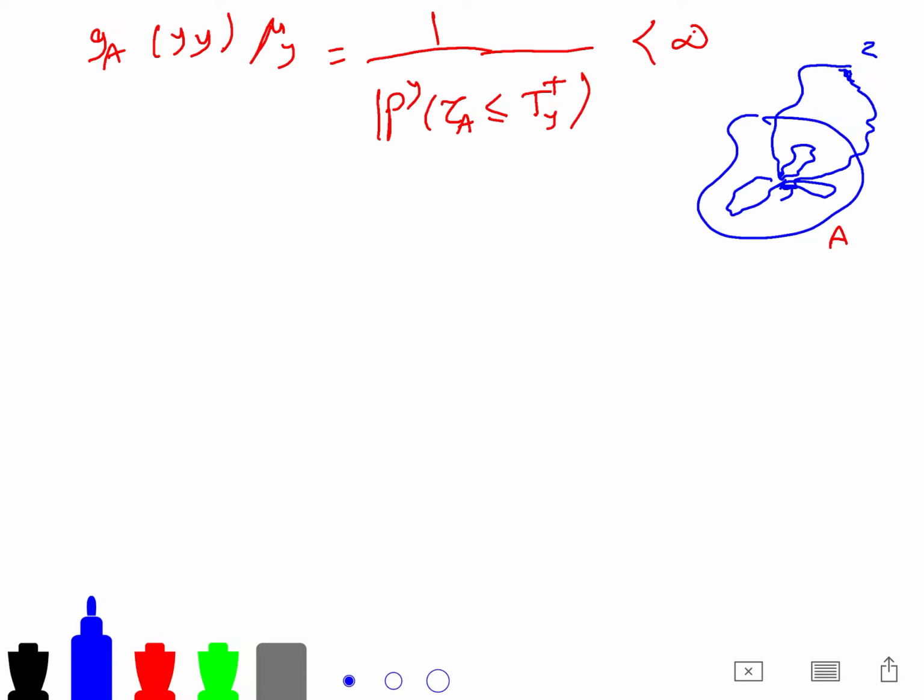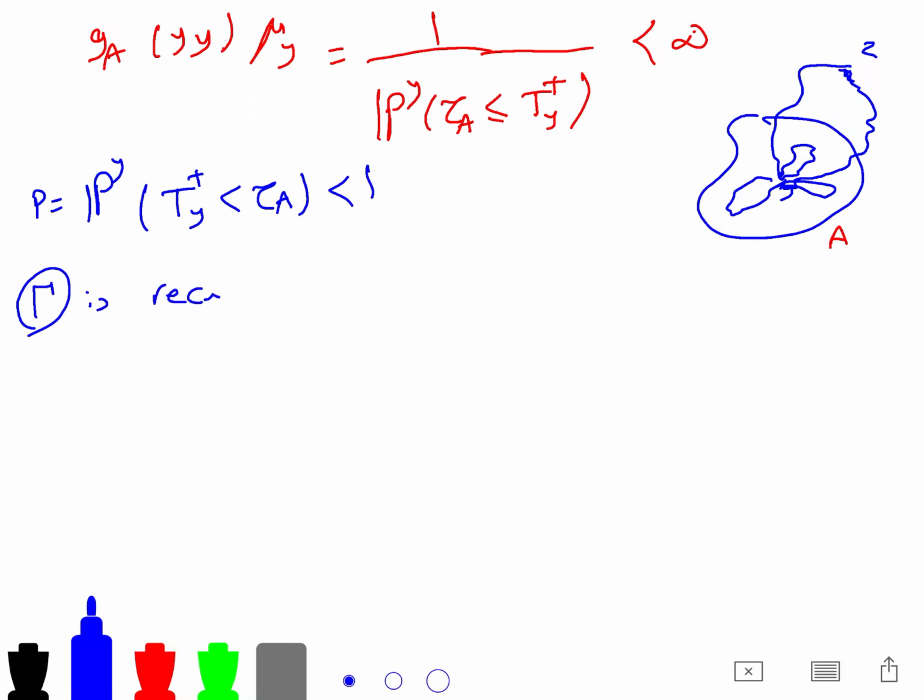So if you imagine this set, we can write, let's call it p, the probability that T_y^+ is less than tau_A is less than 1. This is clear from the definition if gamma is transient. So let's just focus on the case that your graph is recurrent.